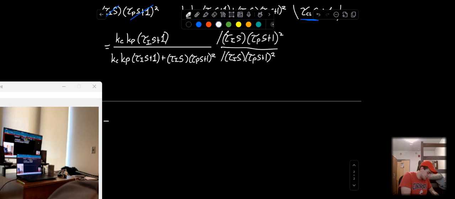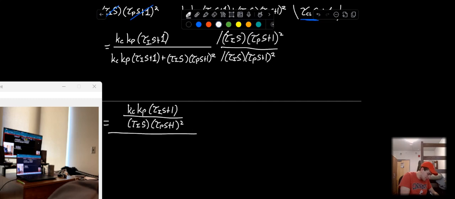That will give us Kc Kp (tau_I s plus 1) over tau_I s (tau_p s plus 1) squared, over Kc Kp (tau_I s plus 1) over tau_I s (tau_p s plus 1) squared, plus 1. So now we can already see we're getting kind of close.